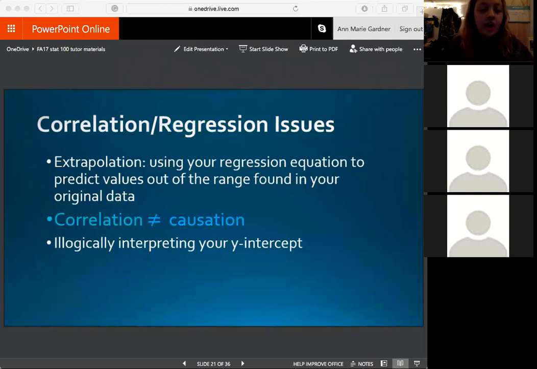And then extrapolation is the idea that we have our data set and we have our regression equation and the values there, that we have our observations and then our predictive values on the line.